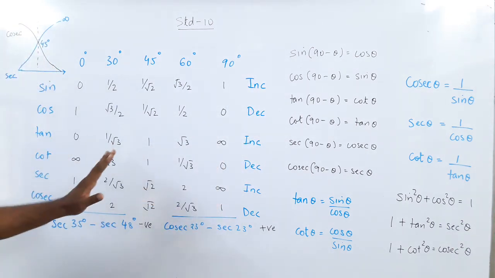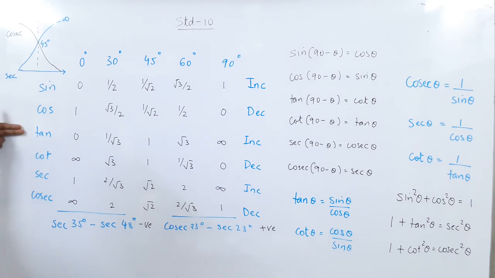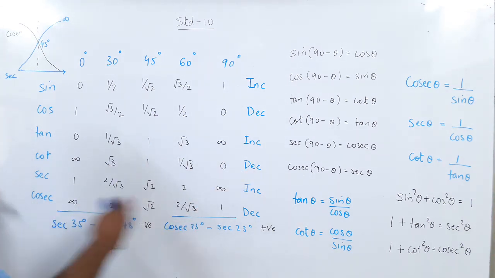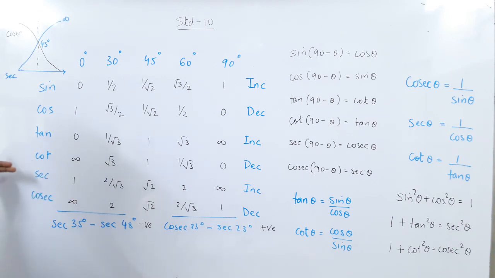For tan and cot, below 45, cot is bigger than tan, after 45, tan is bigger than cot. Even for sec, below 45, cosec is bigger than sec, after 45, sec is bigger than cosec. So when these sums are asked, you will use this type of logic.